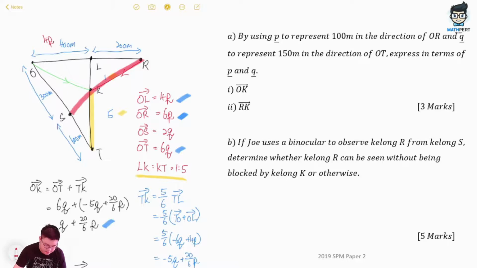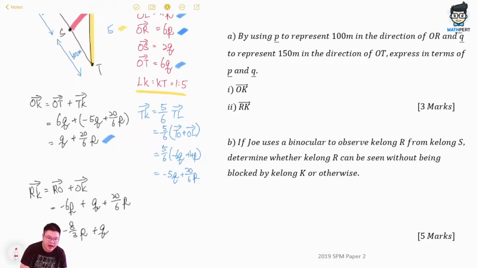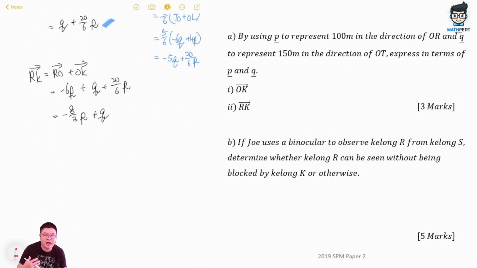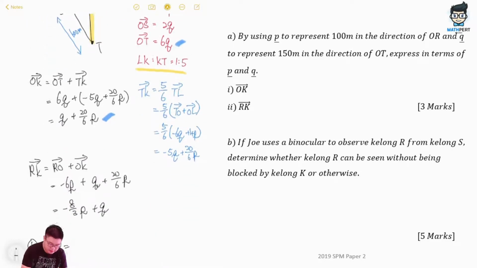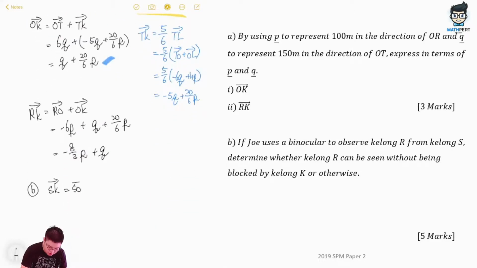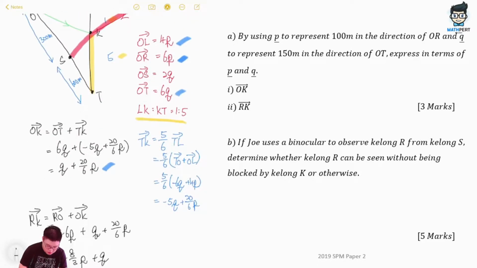So how do we find that? Okay, so first we find out the vector for SK and vector for SR, right? And then we see if they divide each other, do they have a scalar? So let's look for SK first. SK is equals to what? SO plus OK. So what is SO? We have OS over here.